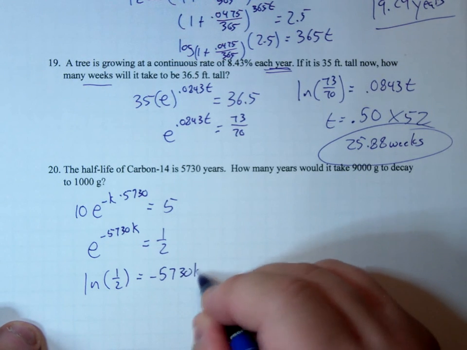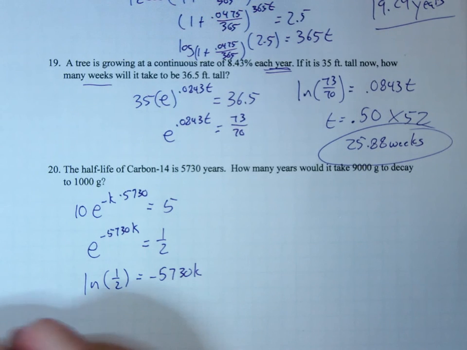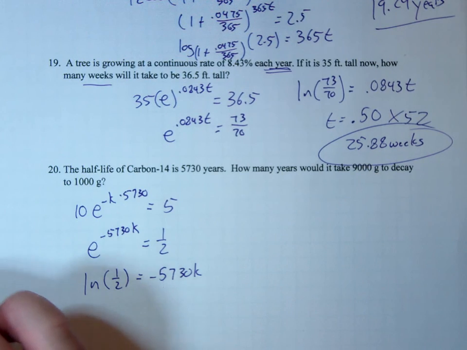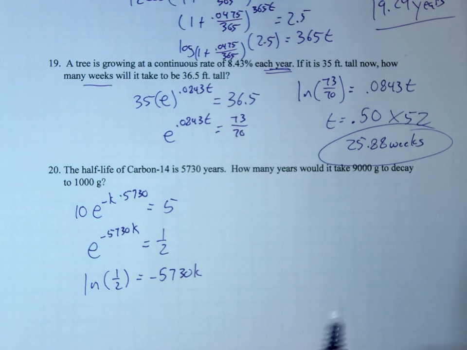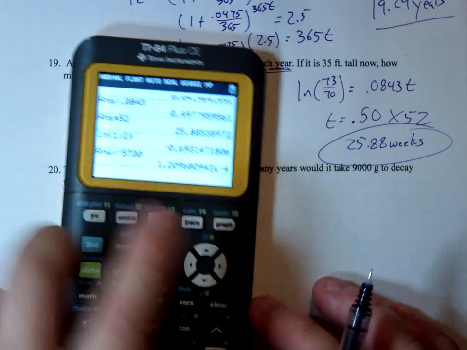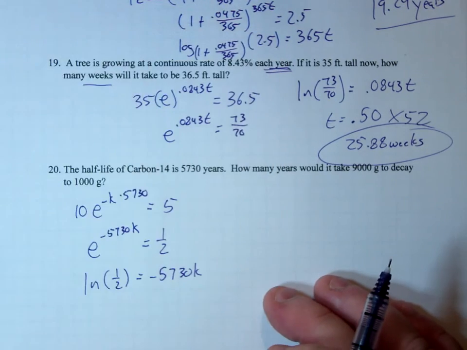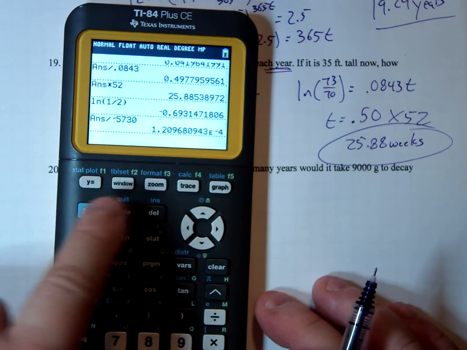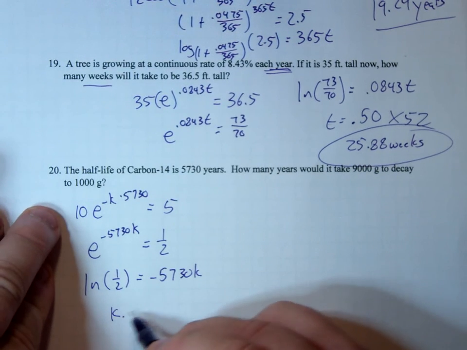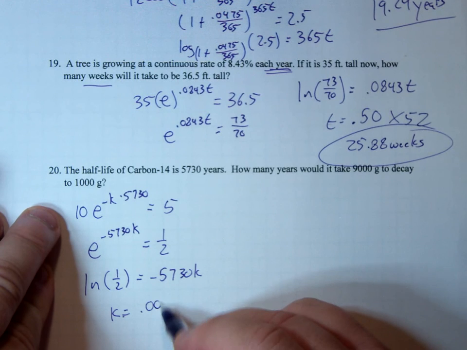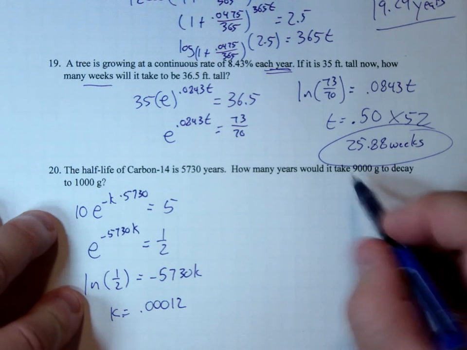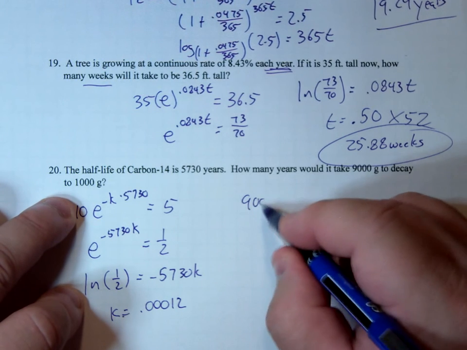So natural log of a half divided by negative 5730. Again, that's a scientific notation with a negative 4. So I'm going to do 3 zeros and the 12. You see that? The 12. So k is going to be 0.00012.